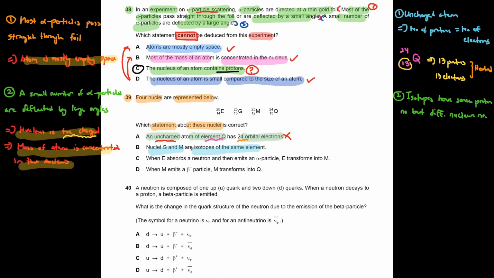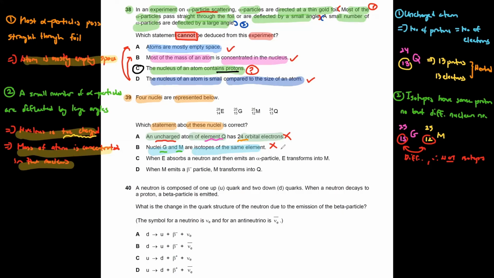So if you're asked to compare between nuclei G and M, we know that G is actually 25, 15 and then M is actually 25, 12. So you just look at the proton number themselves, these are actually different, therefore not isotopes. So B is also going to be out.